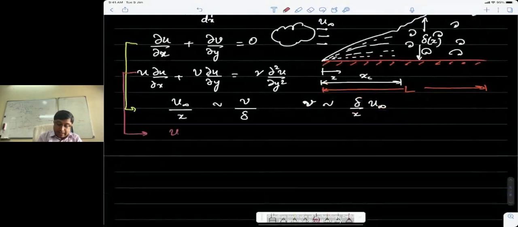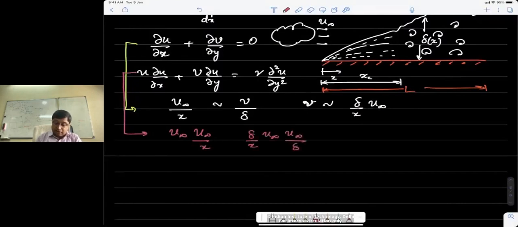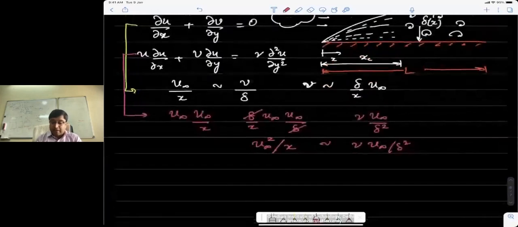So if you look at scaling here, u scales as u infinity, du dx will scale as u infinity by x, v scales as we said delta by x into u infinity, u scales as u infinity, and y scales as delta. So that is the left hand side, and the right hand side will scale as nu times u infinity by delta squared. So this left hand side in a nutshell scales as u infinity squared by x. The right hand side scales as nu u infinity by delta squared, which means if the two have to be the same, because you're writing an equation, the terms must be comparable.